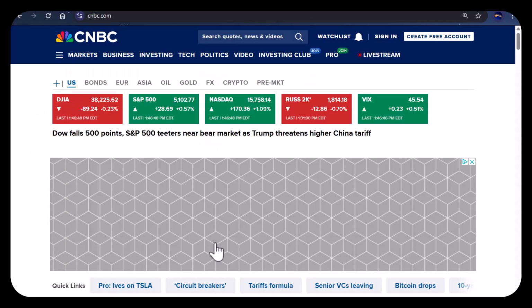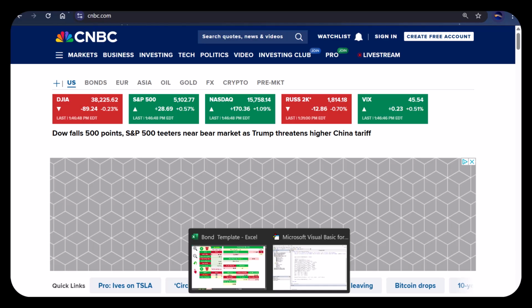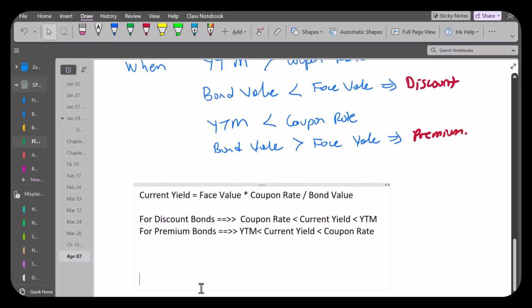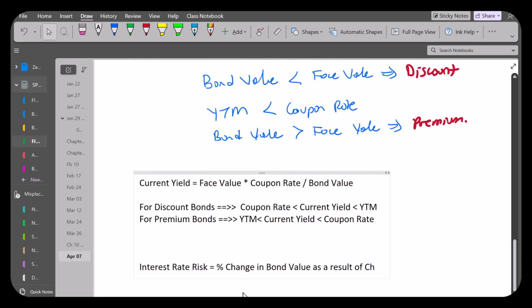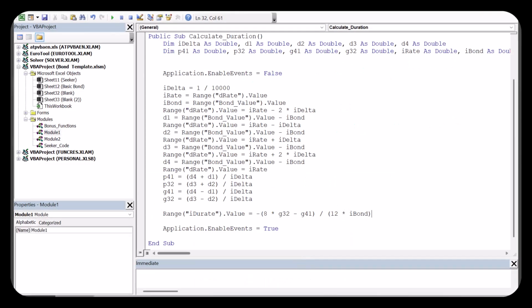Okay, we're going to measure that as percentage change in bond value as a result of change in YTM. It's the wrong thing.